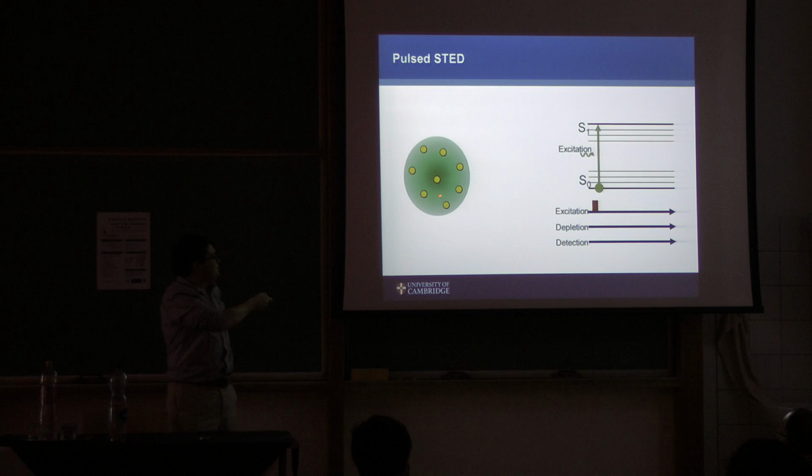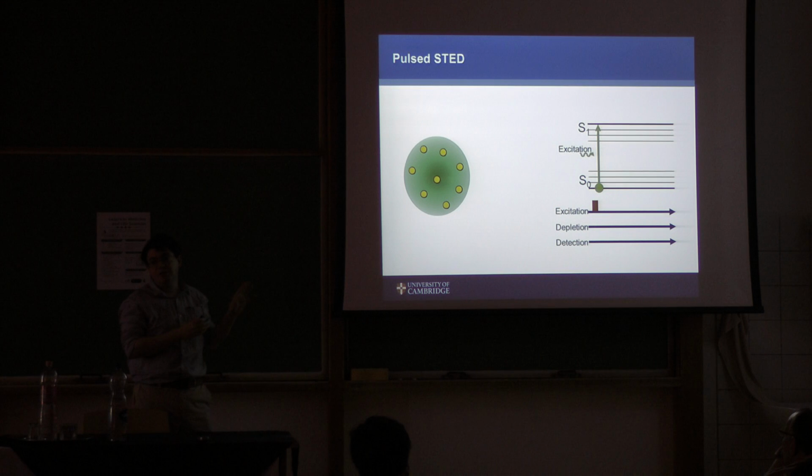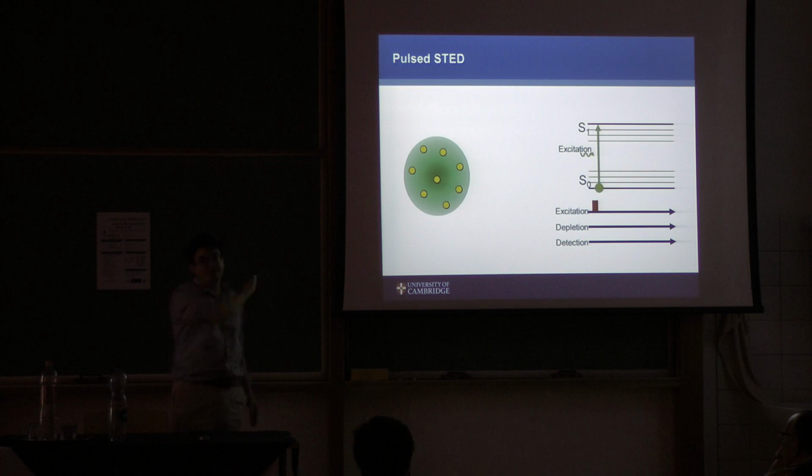Right. So at the moment, I basically cannot resolve the difference in position between these different molecules because they're all illuminated at once. And if I move the spot to the side, none of them are illuminated. So I'm just getting a bright blob of detected signal.